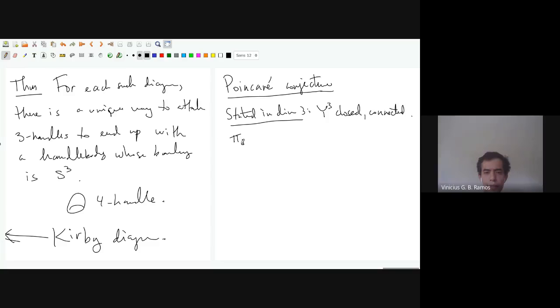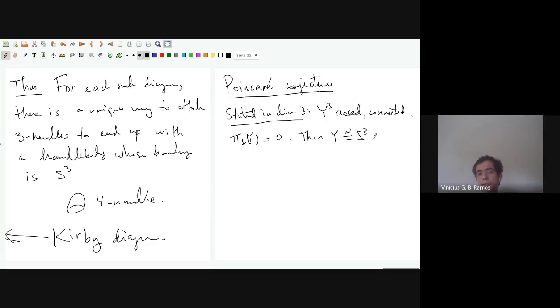And suppose that the fundamental group is trivial. Then Y is homeomorphic or diffeomorphic to S3. I think that was the original statement. I don't know exactly if he conjectured homeomorphically or diffeomorphically. But anyway, this was not proved.